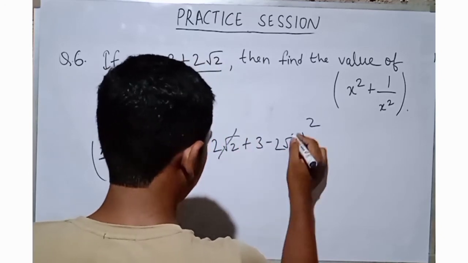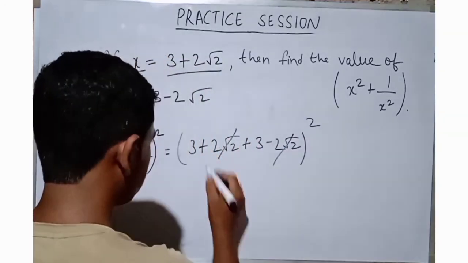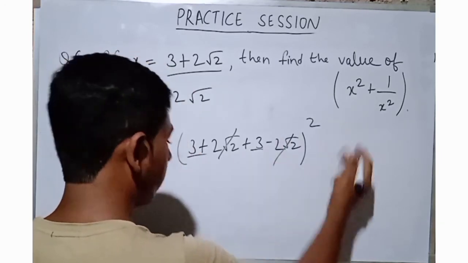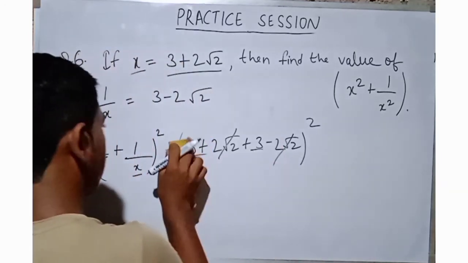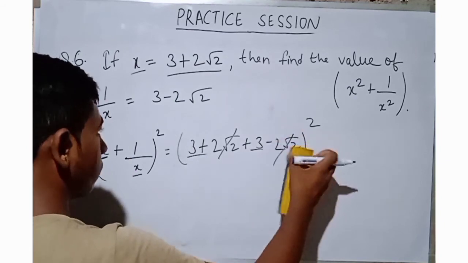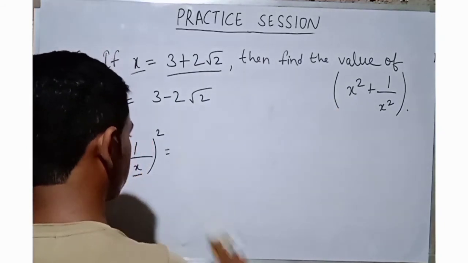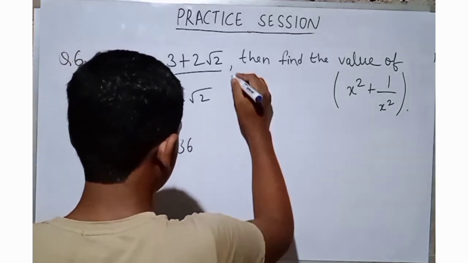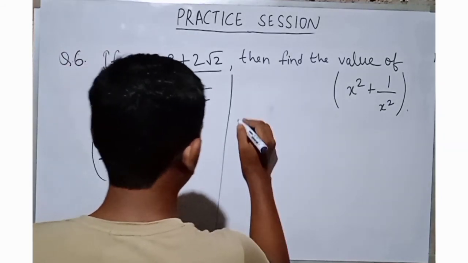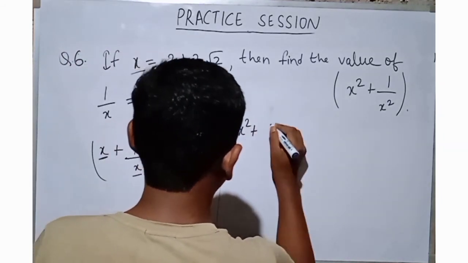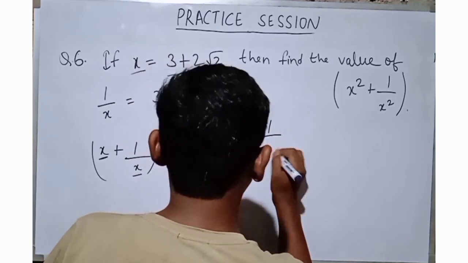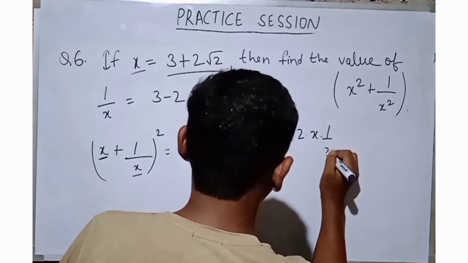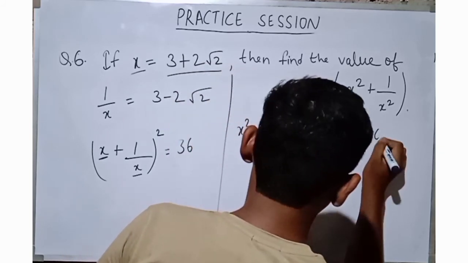So 2 root 2 minus 2 root 2 gets cancelled. 3 plus 3 will be 6, 6 square will be 36. So it will be x square plus 1 by x square plus 2ab will be equal to 36.